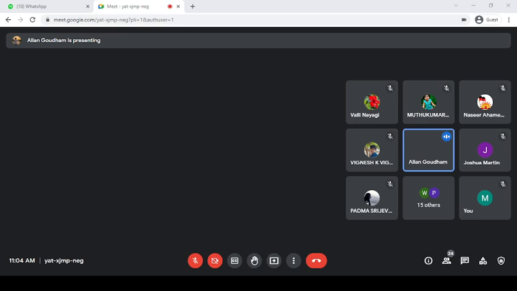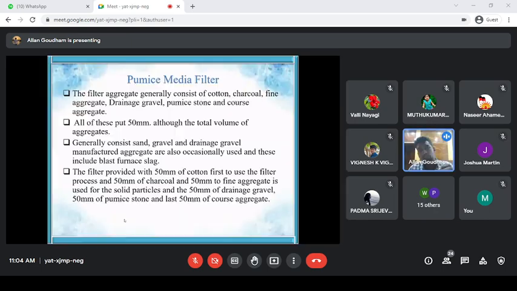Now coming to the pumice media filter. As I have said, many journals have been using the control media filter. In this pumice media filter, we have replaced the 100 mm of drainage gravel with 50 mm of pumice stone and 50 mm of drainage gravel.